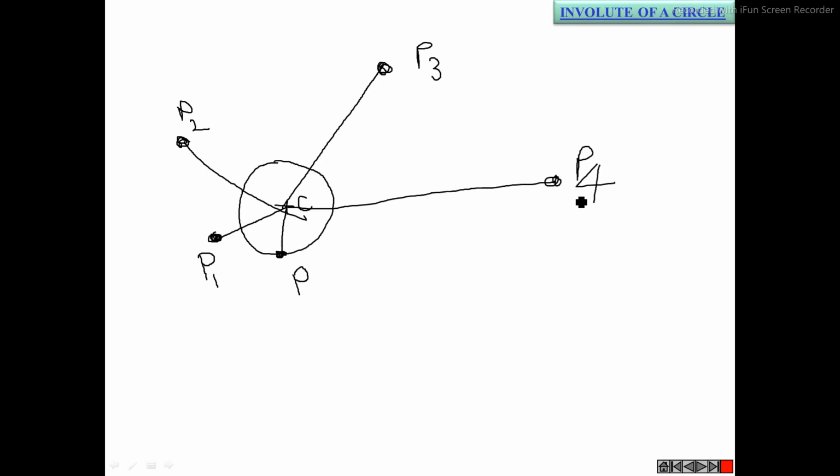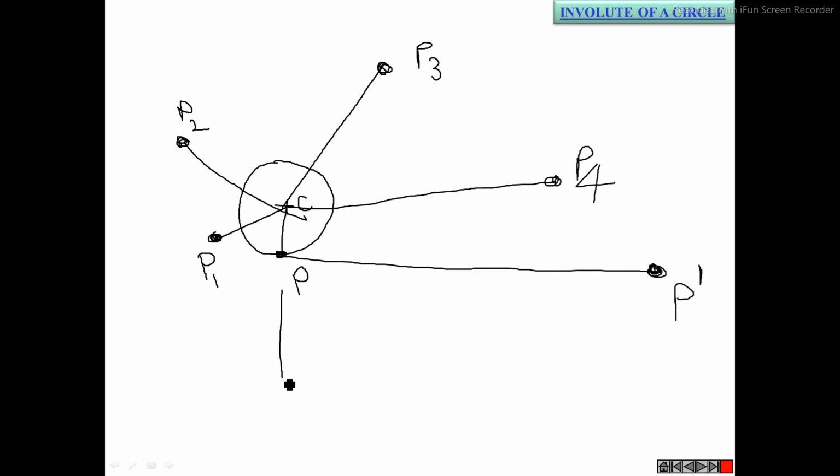If you wrap it, then the end point of the thread will be exactly at point P, but while unwrapping, your final end point of the wire will be somewhat over here. Say this point is P dash, yes or no?